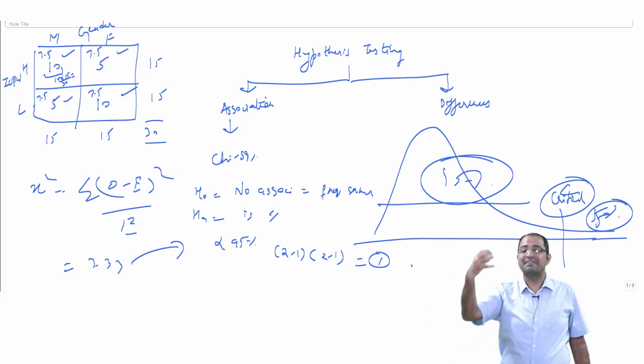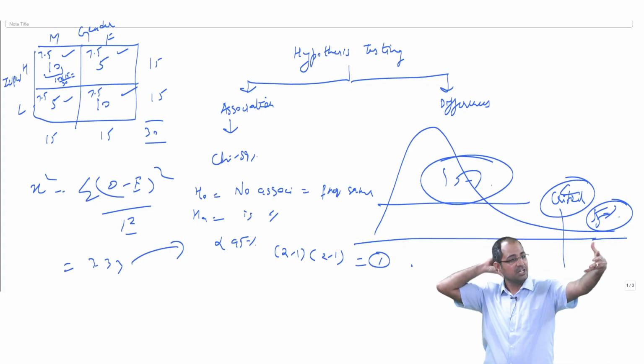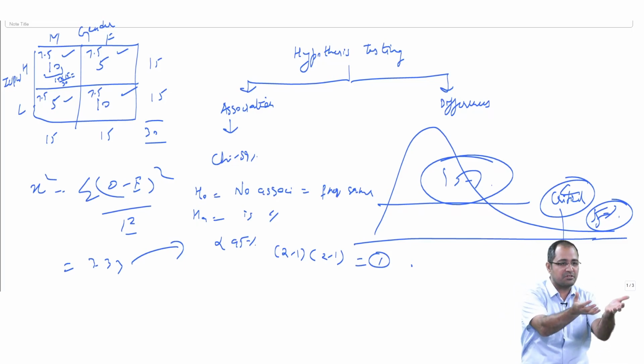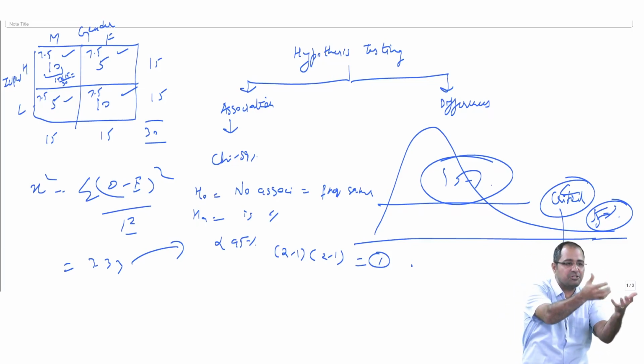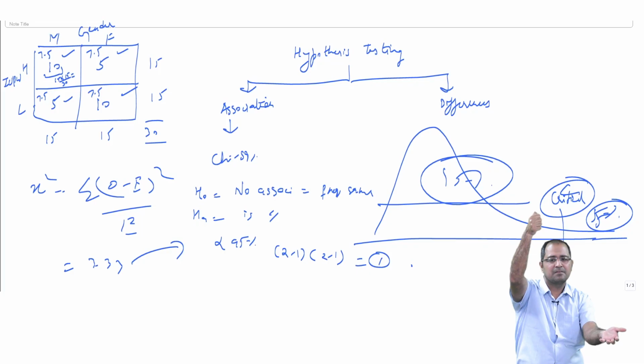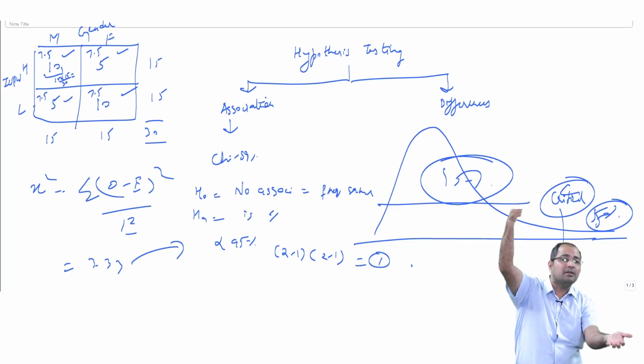If you pick up such a sample, it means your initial assumption itself, you are assuming that in the population there is no association, and when you assume something, you are expected to also draw a sample in which there will be no association. But you drew a sample in which there was a huge difference.